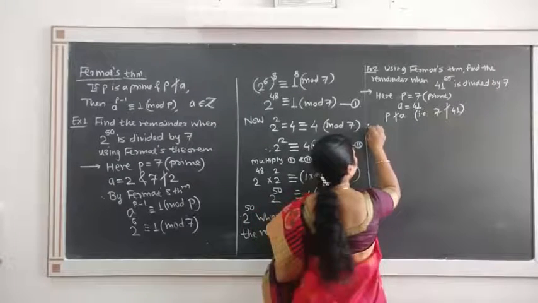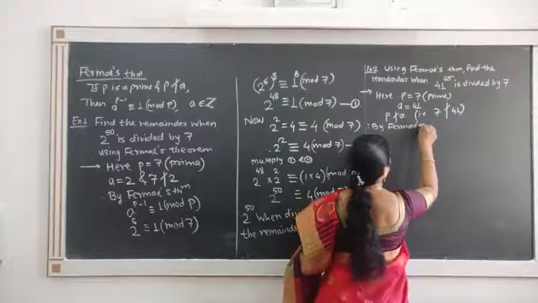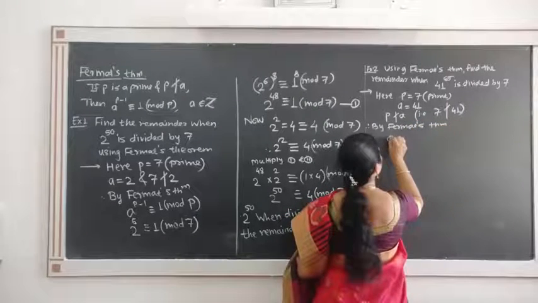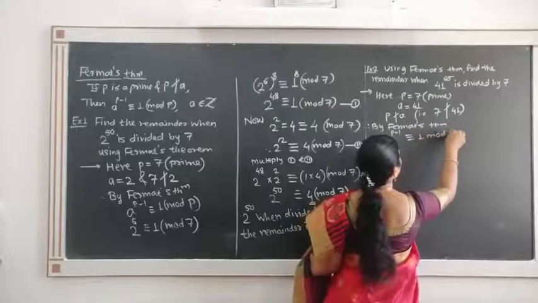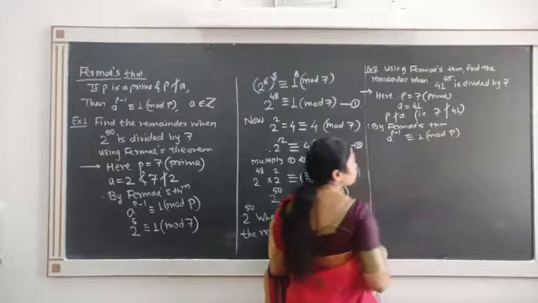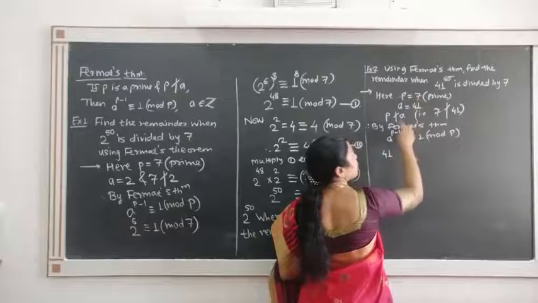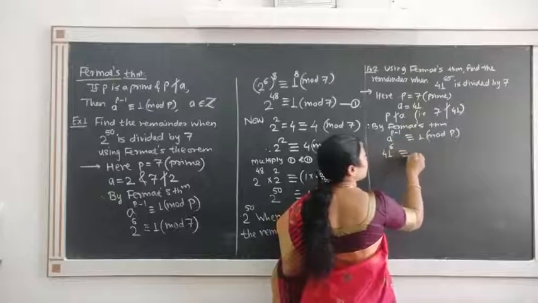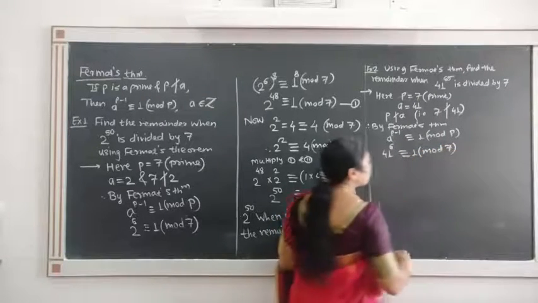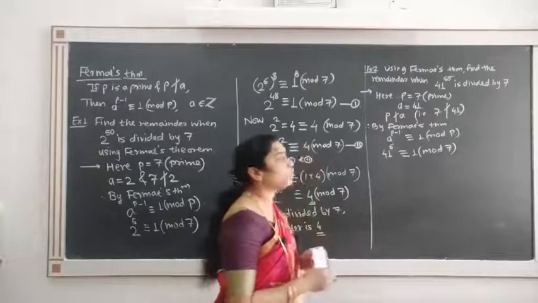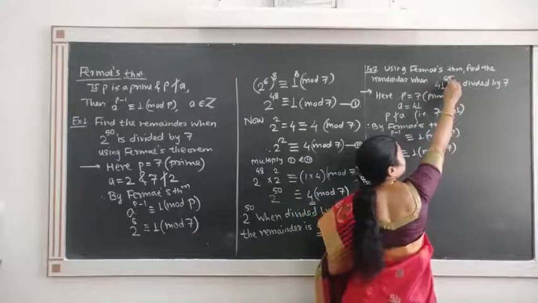So by Fermat's theorem, A raised to P minus 1 is congruent to 1 modulo P. A is 41, P is 7, 7 minus 1 is 6, so 41 raised to 6 is congruent to 1 modulo 7. We want to go to 41 raised to 65.